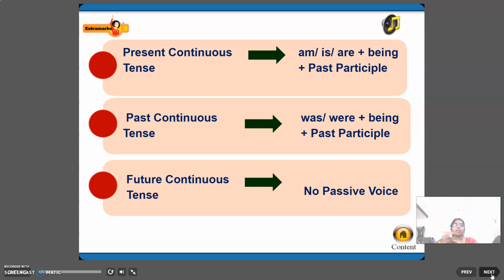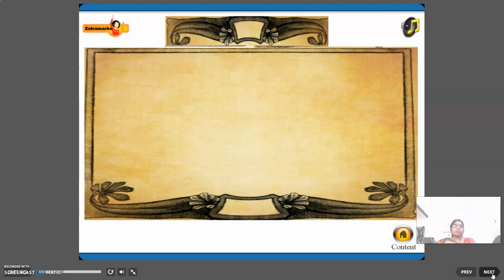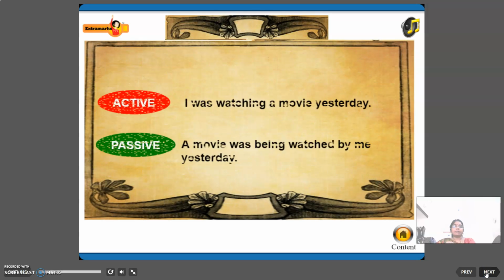Then future continuous tense has no passive voice. Keep in your mind, no passive voice for future continuous tense. Present continuous: am, is, are, being, past participle form. Past continuous tense: was and were plus being plus past participle. Future has no passive form.